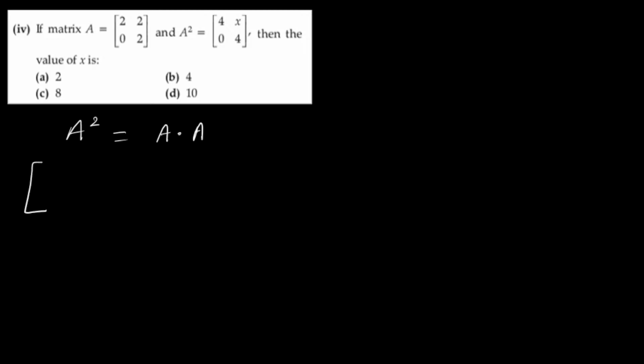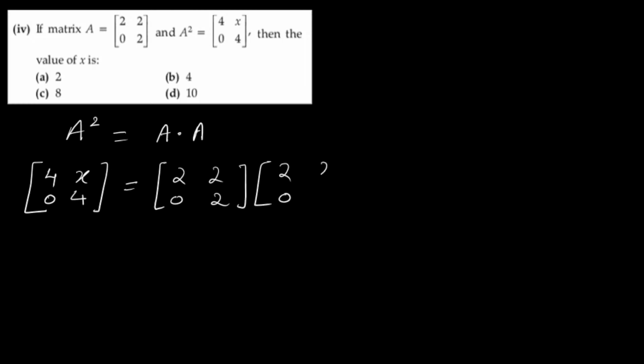A square is 4, 0, x, 4. We can do the multiplication and then compare both sides. A is 2, 0, 2, 2, again 2, 0, 2, 2.